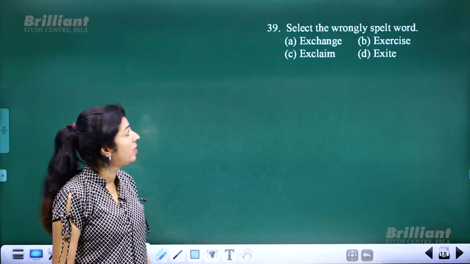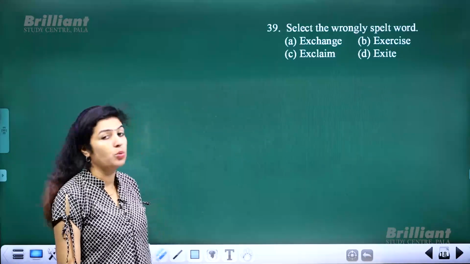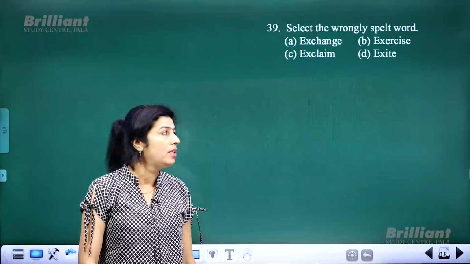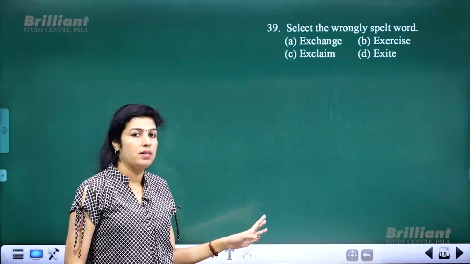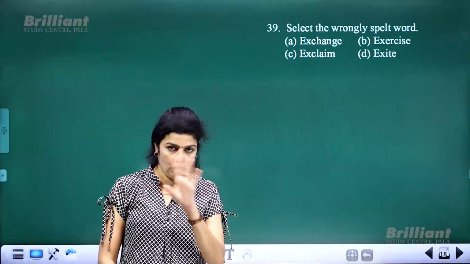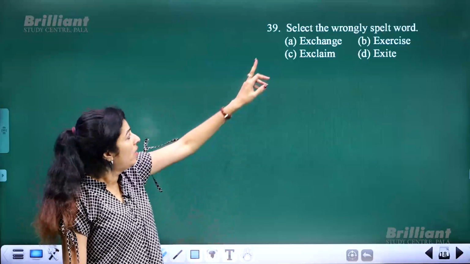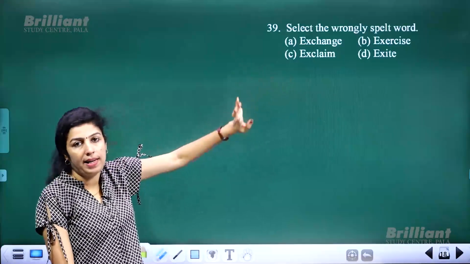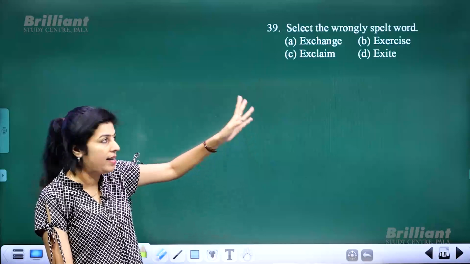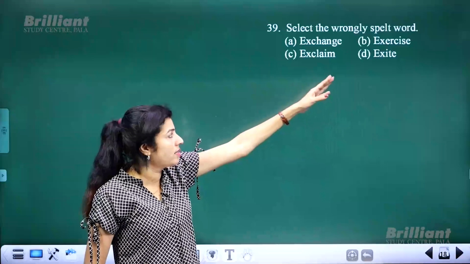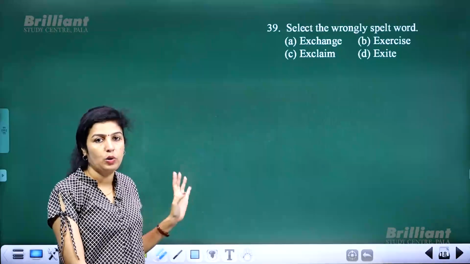Now we have to select the wrongly spelt word, not the correctly spelt word. Three words are correctly spelled, one has wrong spelling. Choose that word as your answer. Exchange, no doubt the spelling is correct, so that is not our answer. Exercise, so simple a word, and with correct spelling.